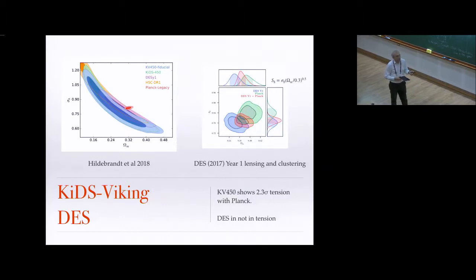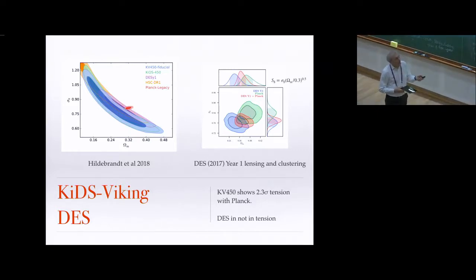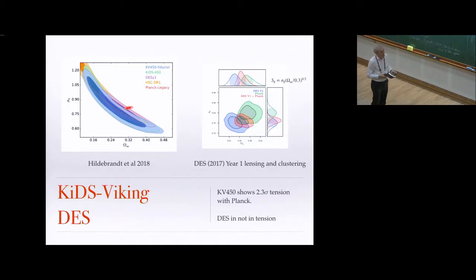I think it's not significant enough yet to really say that Lambda CDM is being seriously challenged, but as the data gets better, and if the results tend to agree rather more with KiDS than they do with the Dark Energy Survey, then that is a way to challenge Lambda CDM and see if some other form of dark energy should be involved, or the gravity model is different.